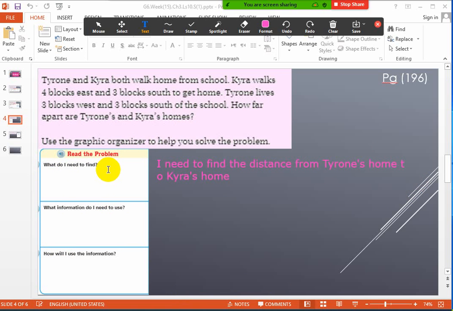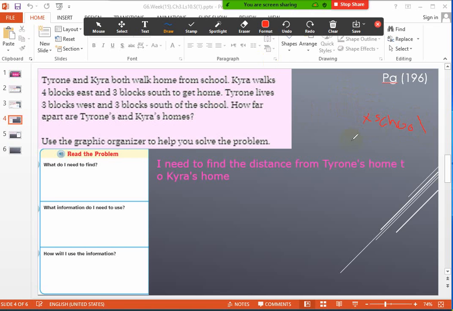What information do I need to use? The information is the numbers in the problem. Let's see now the numbers in the problem. First thing, here he told me that Tyron and Kyra both walk home from school. So both Tyron and Kyra start from the first point, which is school. So they will start from the same point.